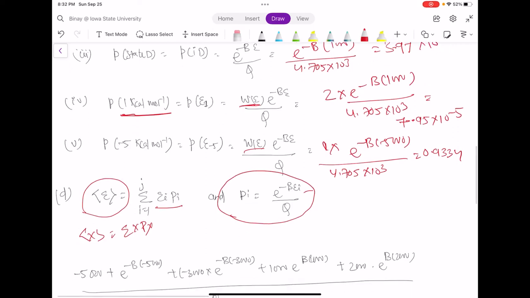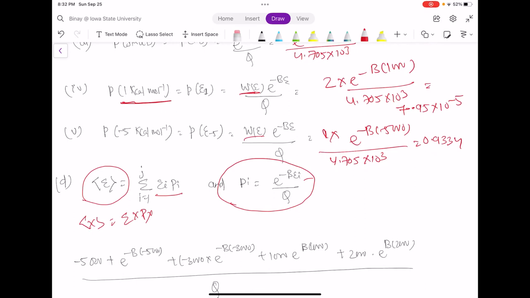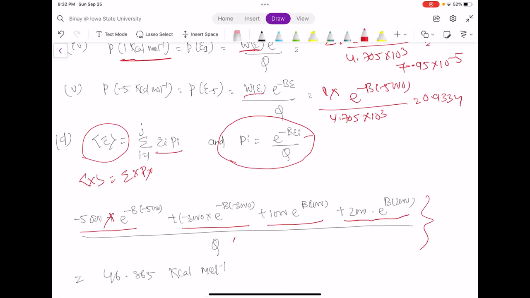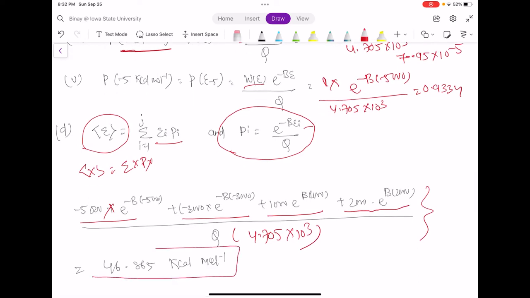The calculation is for macrostates, so I don't have to multiply by the microstates. So I write minus 5000 times e to the power this, minus 3000 times e to the power this, 1000 times e to the power this, 2000 times e to the power this, all over q. With q equal to 4.705 times 10 to the power 3, putting everything in the calculator I find 46.865 kilocalorie mole inverse. So the average energy value is 46.865 kilocalorie mole inverse. That's all. Thank you. Let me know if you have any doubts.